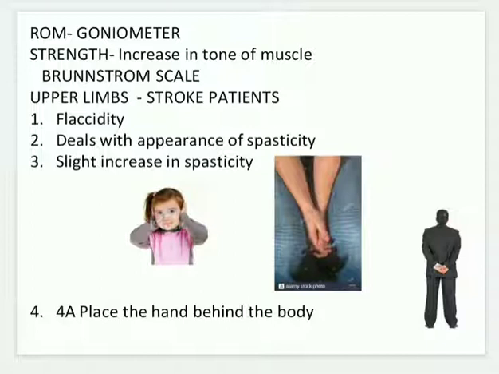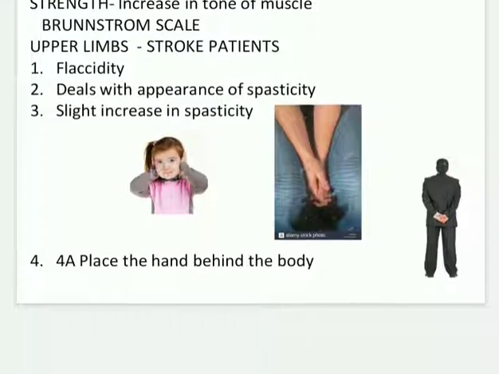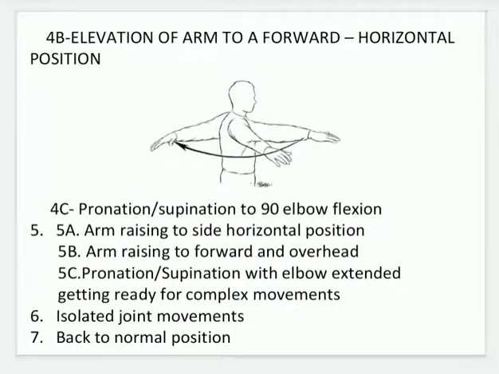Stage 4 tells about 4A, placing the hand behind the body. 4B tells about elevation of the arm to a forward horizontal position. And 4C tells about pronation and supination with 90 degrees elbow flexion.